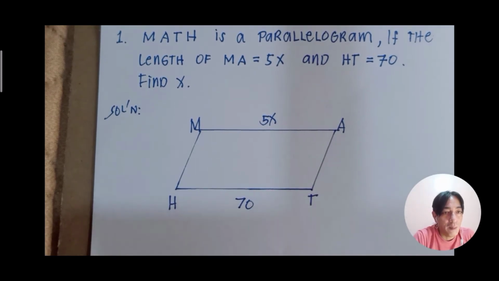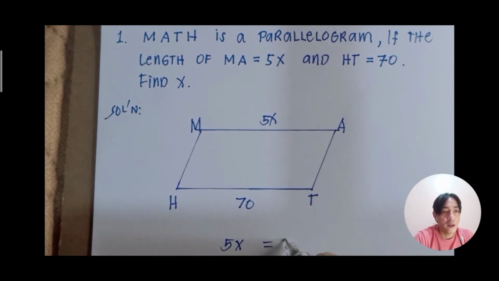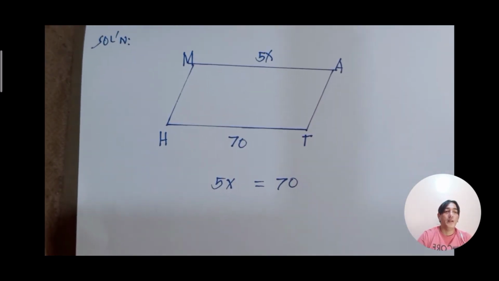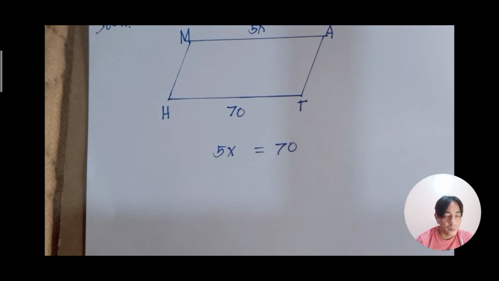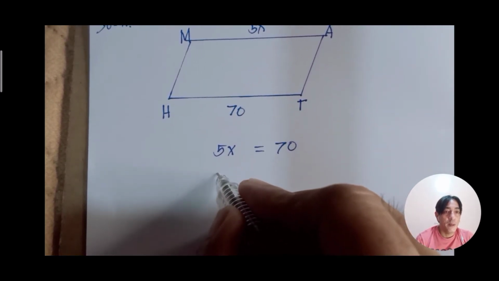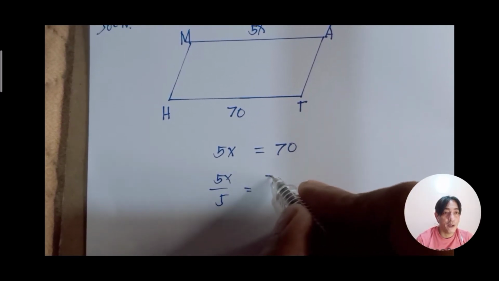Since we know that MA is congruent to HT, ang relation nila, the opposite sides sila are congruent. So, we can say that 5x is equal to 70. Okay, so mag-divide tayo ng 5 sa both sides ng equation using the multiplication property of equality.